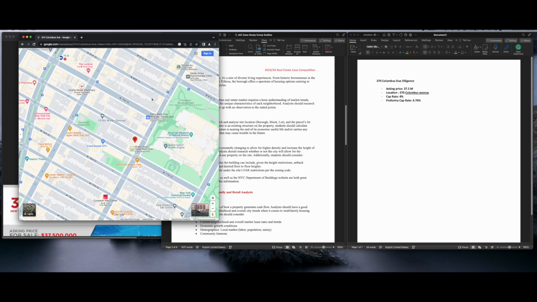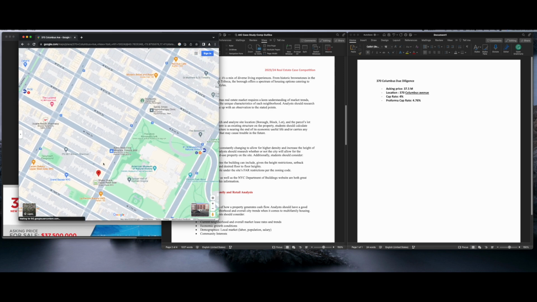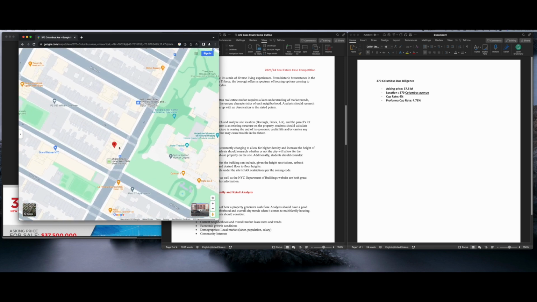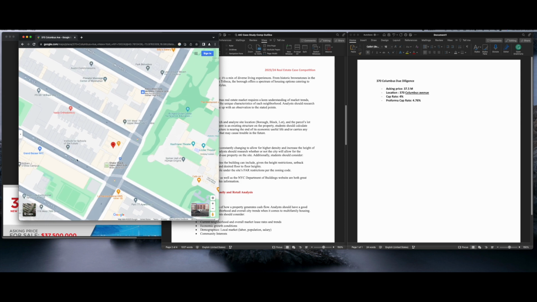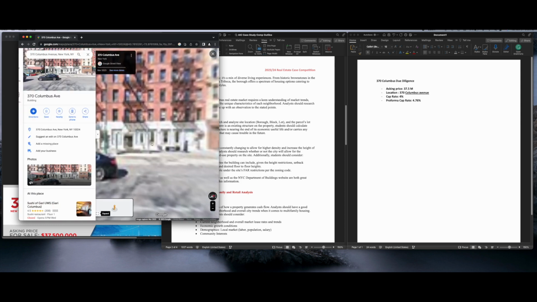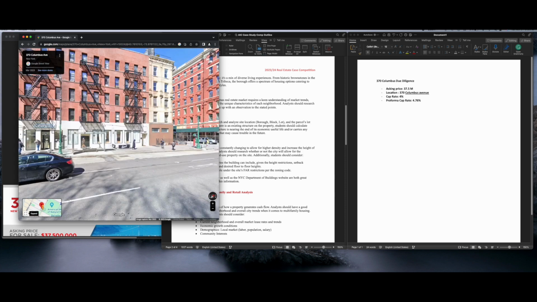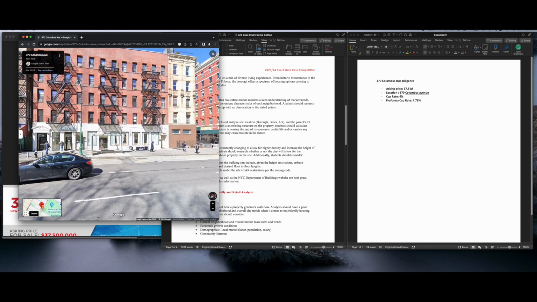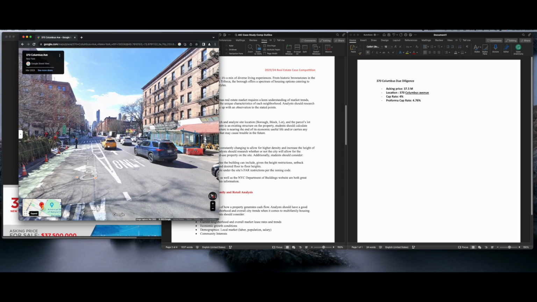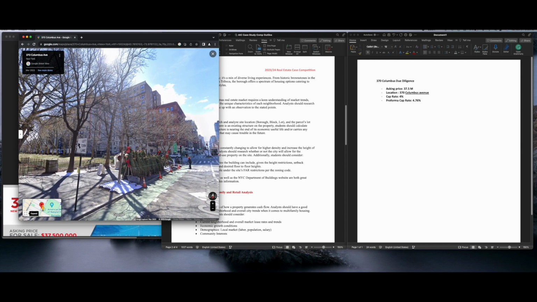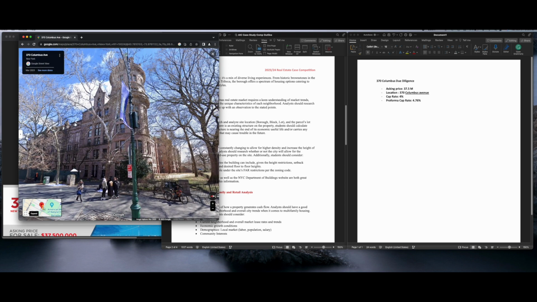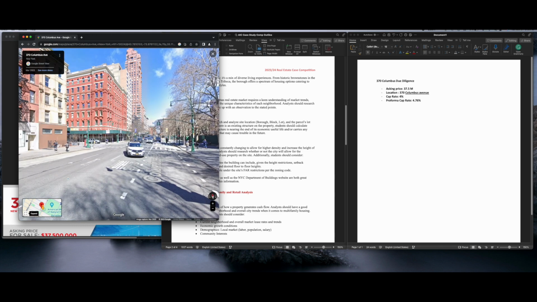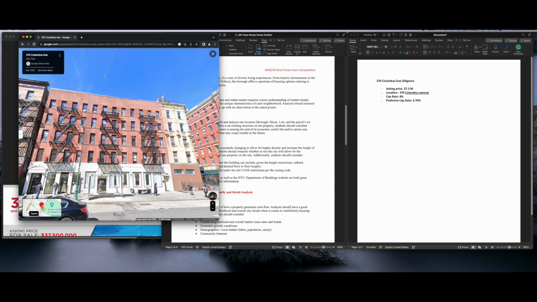That would be right here, between West 77th and West 78th Street. Take a look at the street view. Very walkable area. Seems like there's a bunch of traffic right across from the museum. These are all important things to take note of when you do a Google Maps overview.